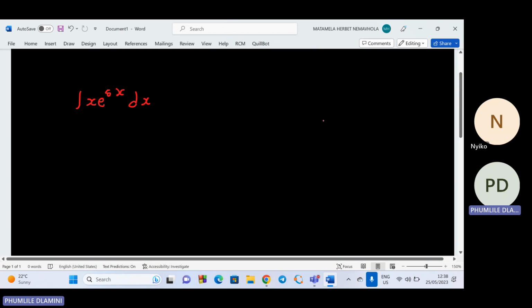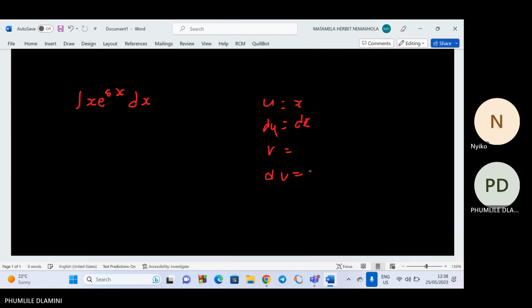If you are working out this one, it is still the same u, v, du, dv. We take the simpler part, so we can start with u equals x, then du is dx. Then dv is e to the power 5x dx, so v is 1 over 5 e to the power 5x, because when we differentiate it, we must put 1 over 5 so that it gives e to the power 5x.